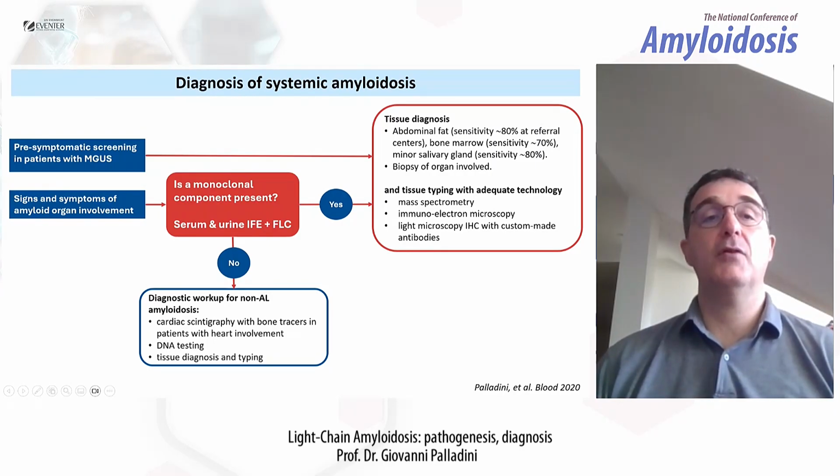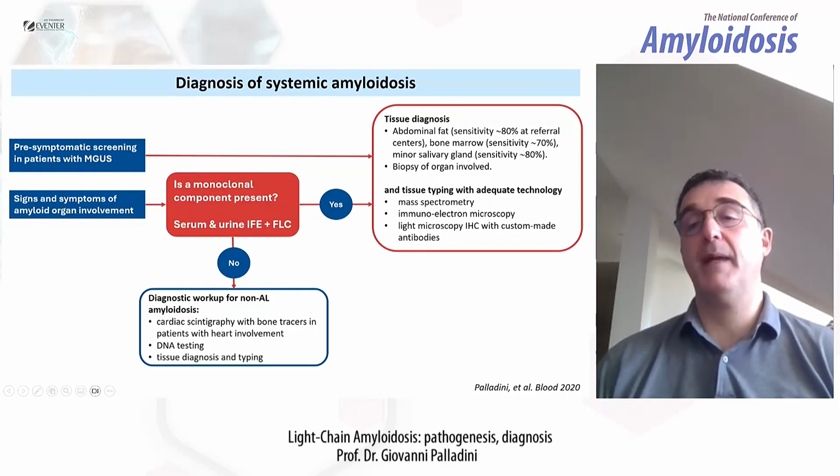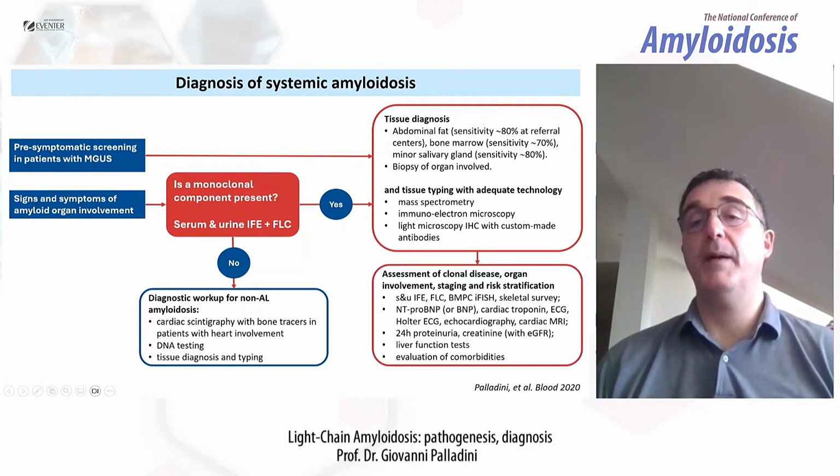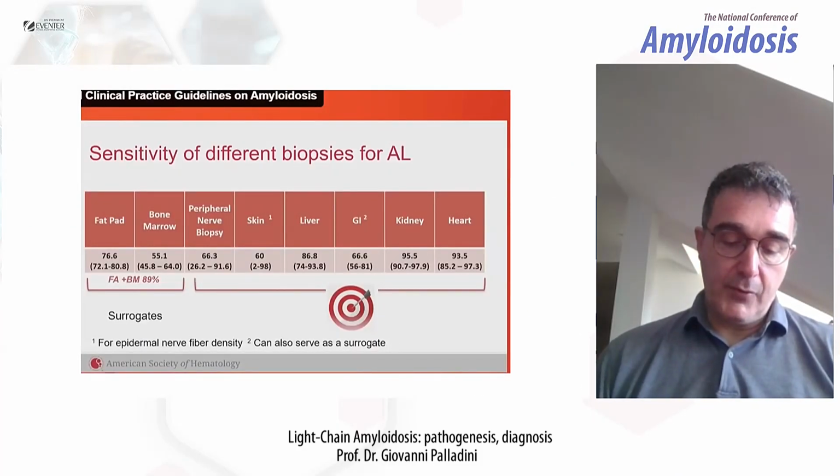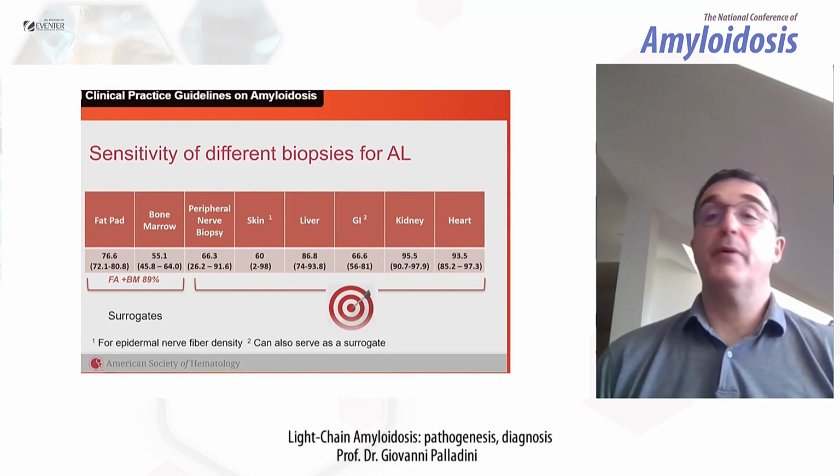But if you are hematologists and you are following patients with MGUS, there is a possibility to do a biomarker-based pre-symptomatic screening of MGUS, and then you have to do staging. Now it comes to biopsy, which is the preferred biopsy.